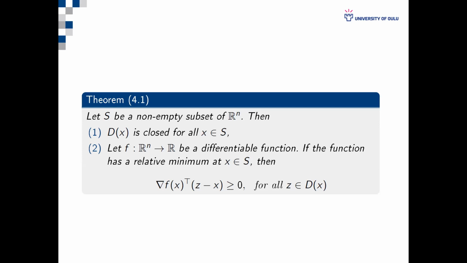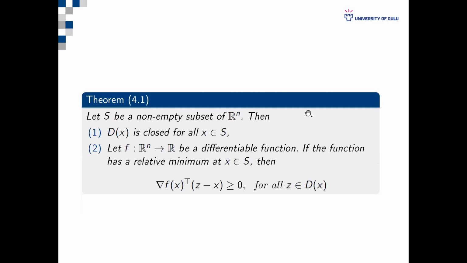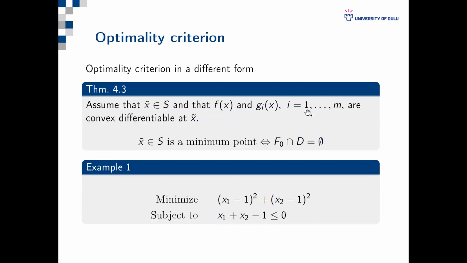Which at the same time means that F0 and D, so the cone of improving directions and the cone of feasible directions, have empty intersection.